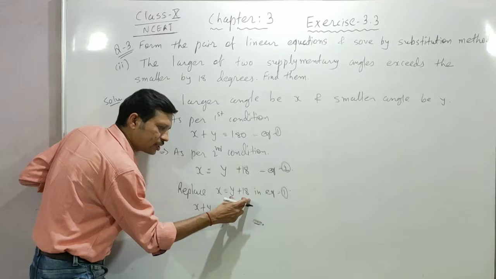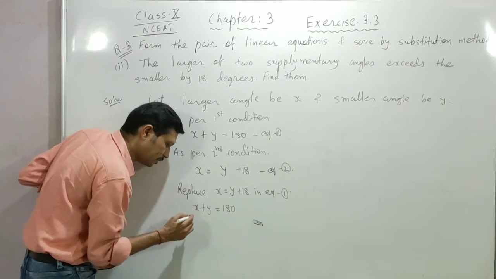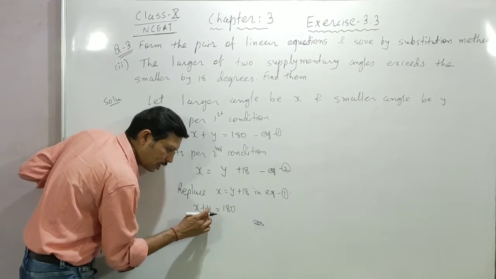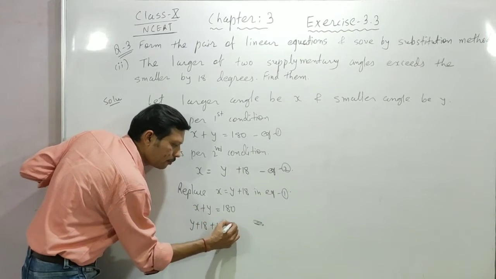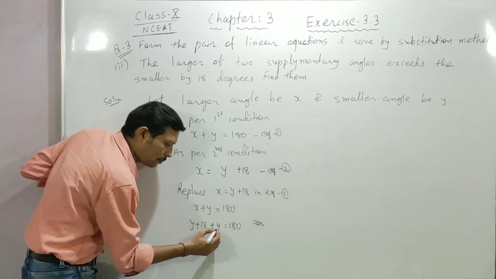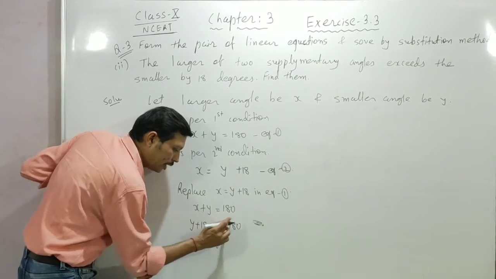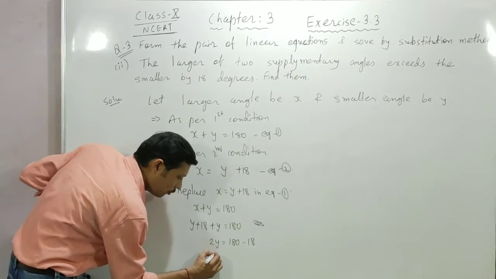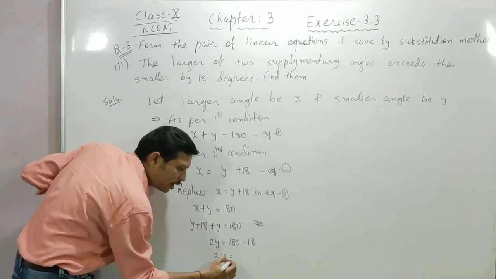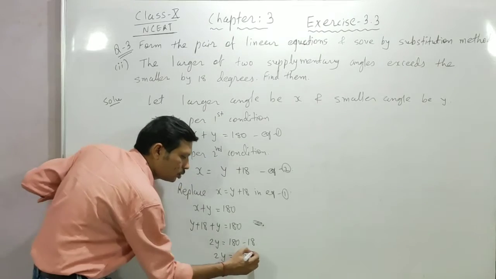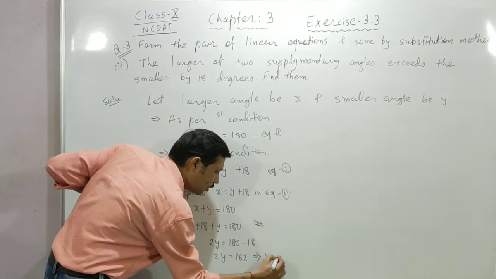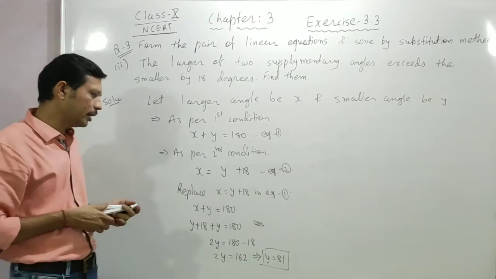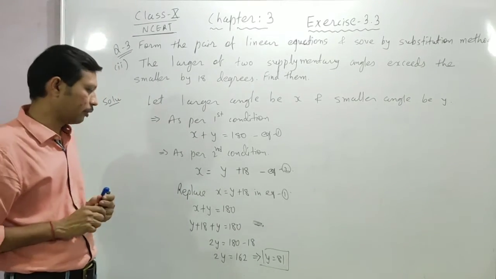In the place of x, I replace y plus 18, and plus y is already there. So y plus y becomes 2y, and 18 goes to the right side. So 2y is equal to 180 minus 18, that will be 162. So the value of y is 81. Is it clear? So we derived the value of y.